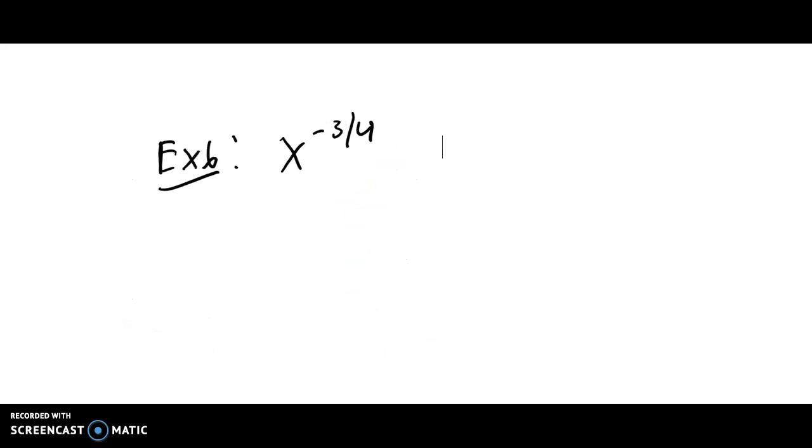Okay, 2 more examples. All right, let's put these all together now. So I've got a negative and a rational. So first thing I'm going to do is take care of the negative. I'm going to say this is the same as 1 over x to the power of 3 over 4, which is the same as 1 over the 4th root of x cubed.